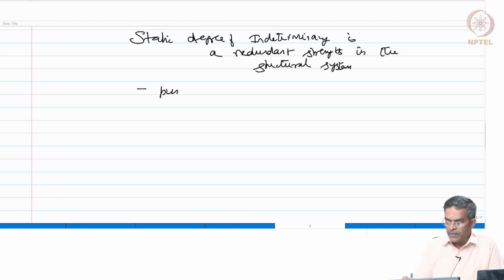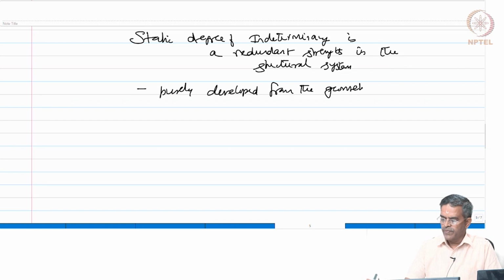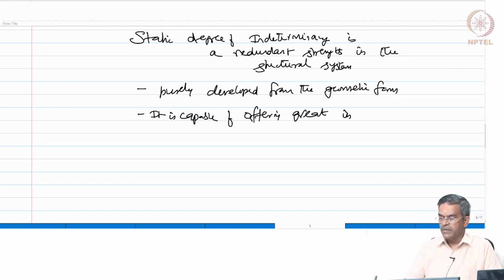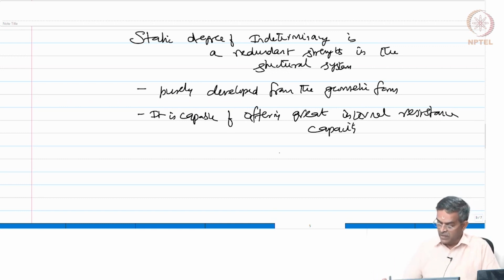This is purely developed from the geometry of the system. So, it is capable of offering great internal resistance capacity. Okay. This is also a form, yeah, it is also a type of form dominance. Okay.